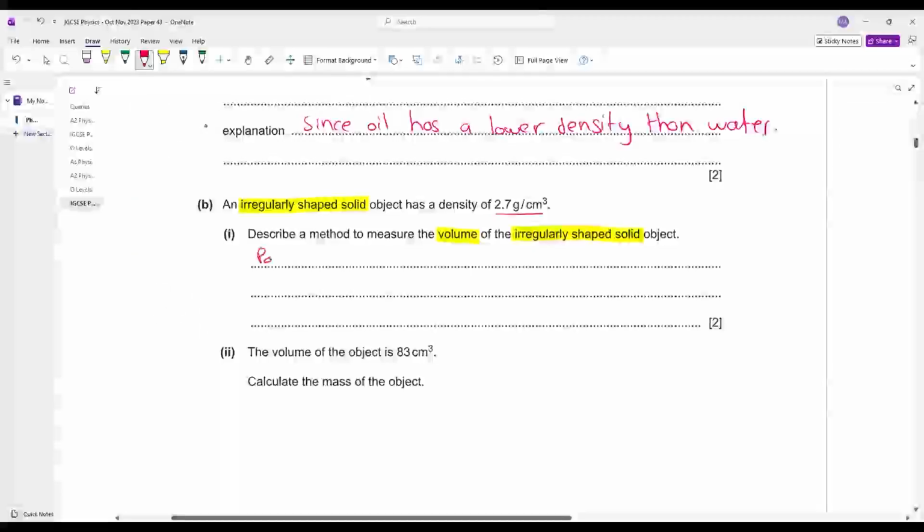You will say take a measuring cylinder with some amount of water in it. Measure the initial volume of liquid in a measuring cylinder.